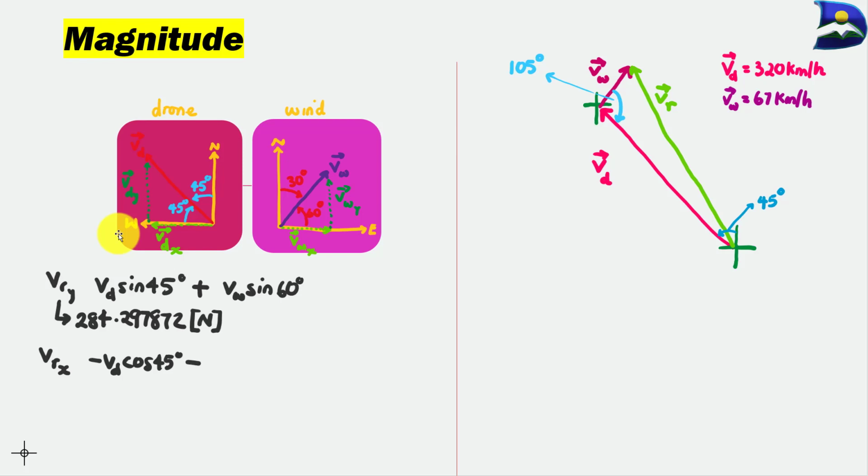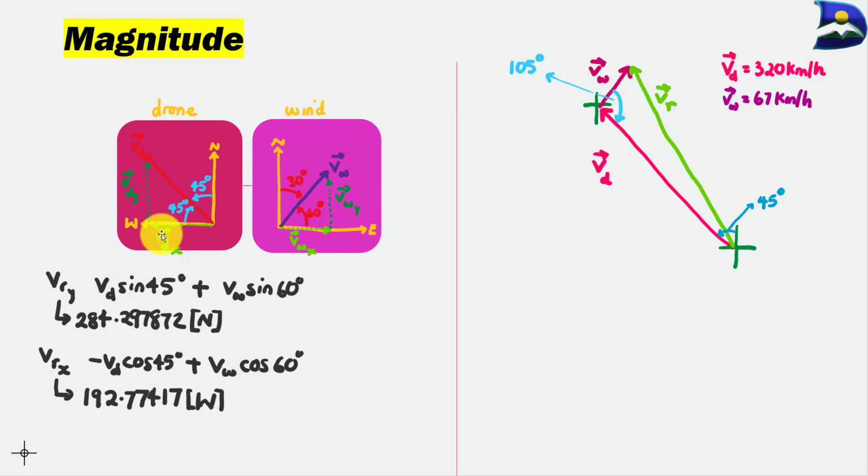And this will be plus our wind velocity multiplied by our cos of 60 degrees, 192.77417. Take note that it is a negative value. Negative reflects our west end, and this is going to be in the direction west.